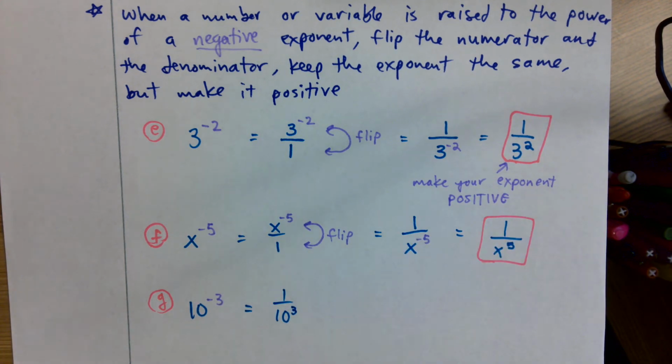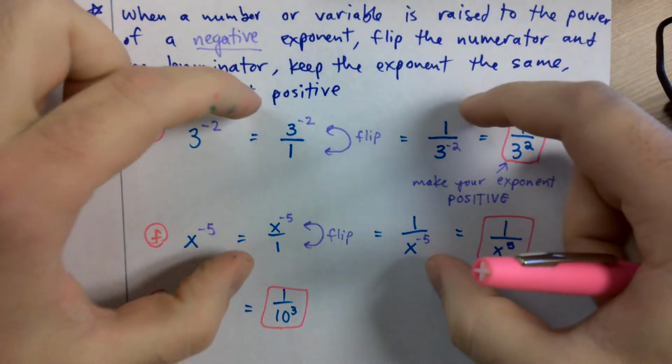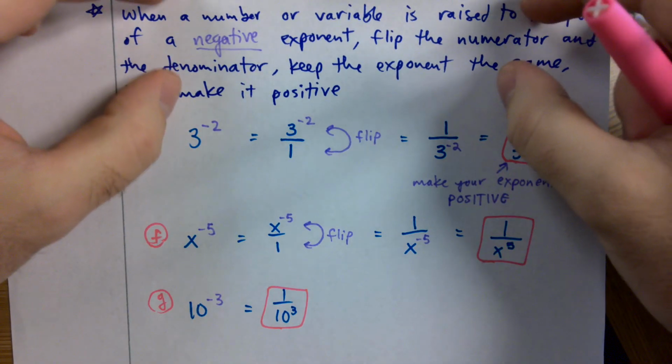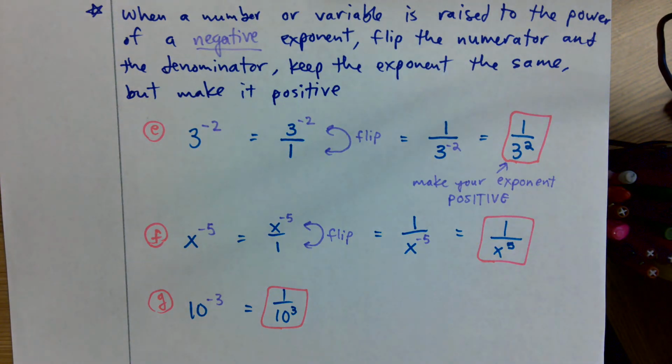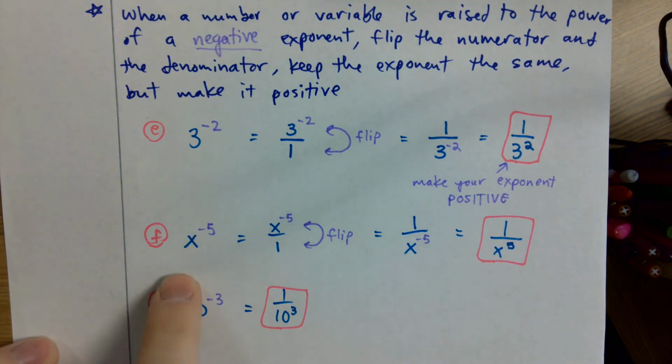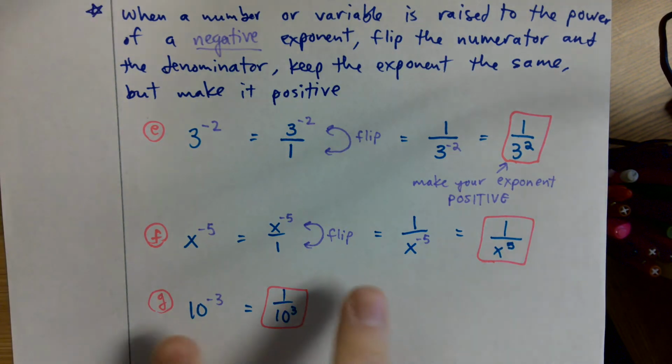Exactly. So in examples E and F, these are like the breakdown of how we use this definition, the steps, right? But once we start to recognize these patterns, we can just jump right to the answer. Okay?